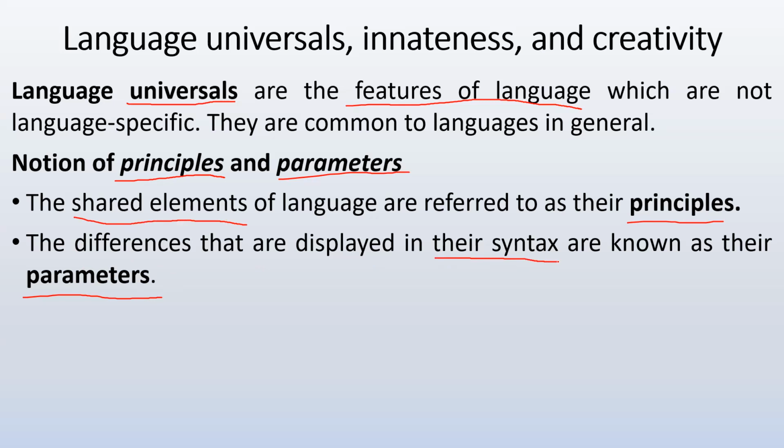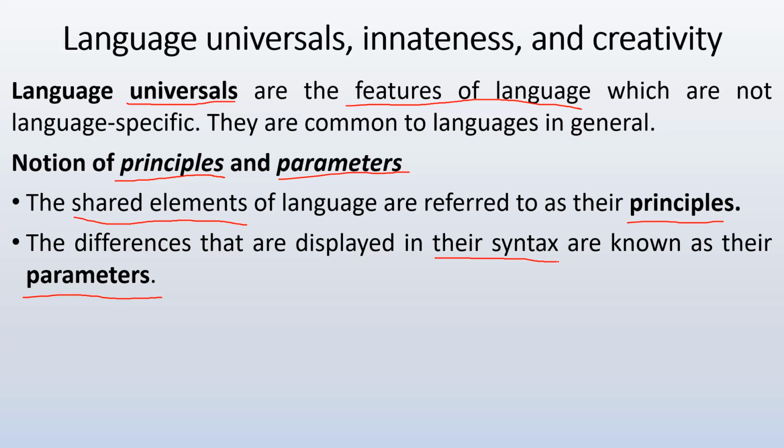So the Sinhala language has its own set of grammar rules, and the English language has its own set of grammar rules, and Tamil too has its own set of grammar rules. So each and every language in this world has its own sets of grammar rules. So they are the particular parameters. Sinhala grammar is totally different from English grammar.